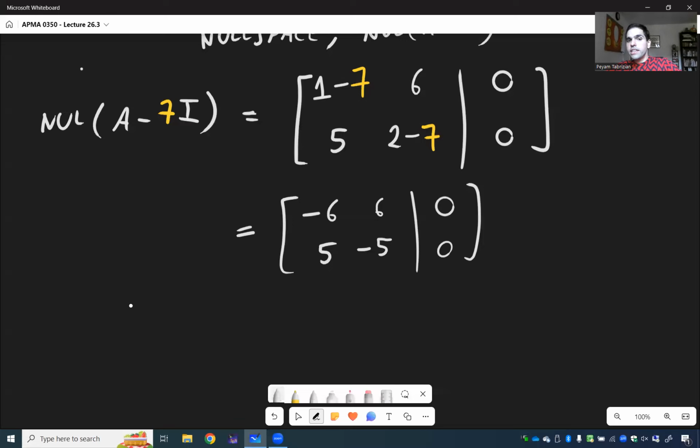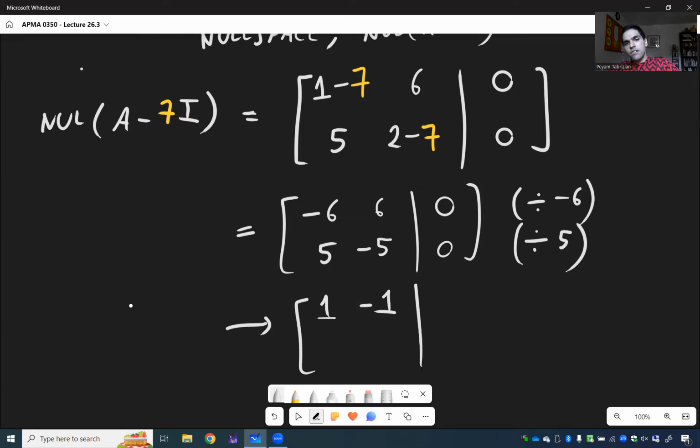Notice the 6s on the first row; let's divide by minus 6. For the second row, let's divide by 5. Which gives you 1, minus 1, 0, and then 1, minus 1, 0.